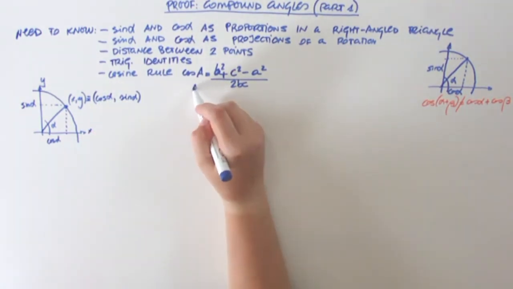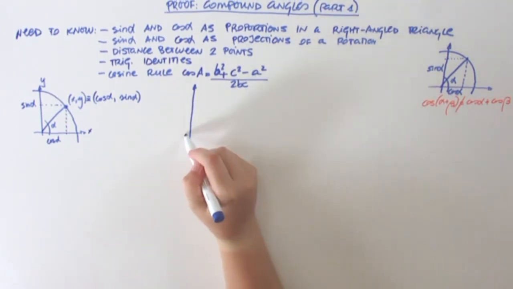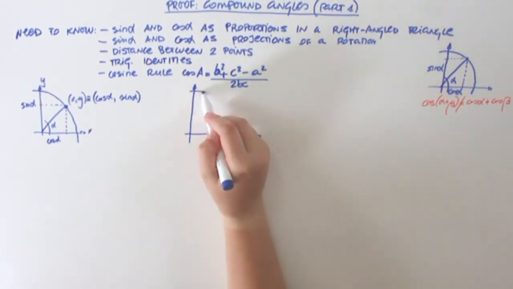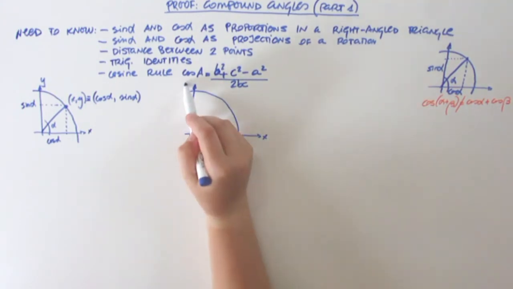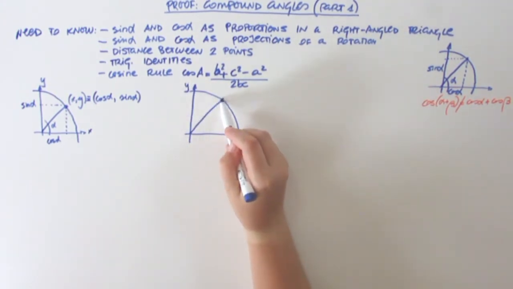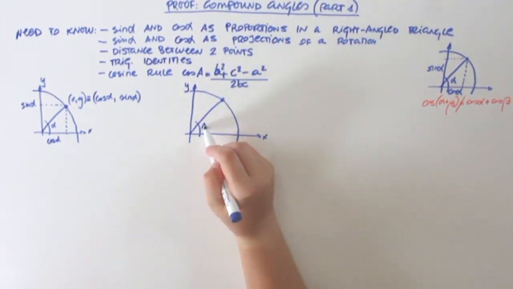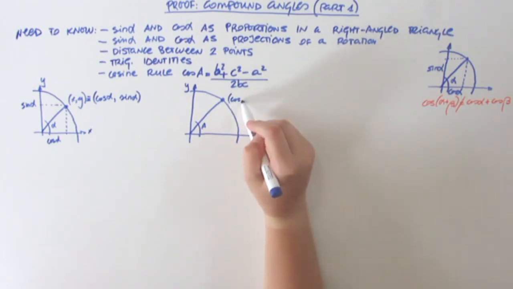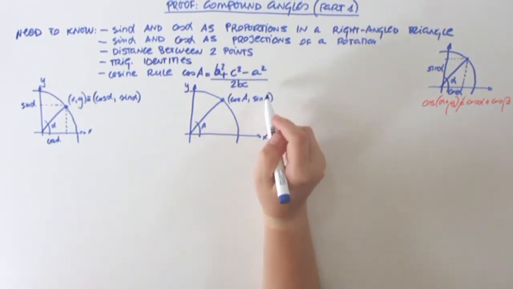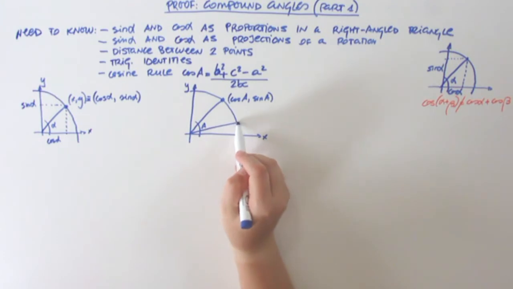Now, if I use that idea, I'm going to draw an angle A, and the point where the vector created by the angle lands in the goniometric circumference is cosine of A, sine of A. I can do the same with another angle, B, which lands at cosine of B, sine of B.